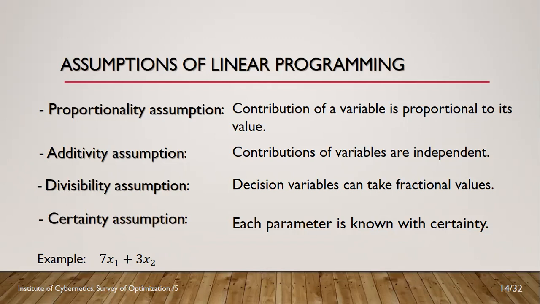The third assumption refers to the divisibility assumption, and it states that decision variables can take fractional values. This essentially says that we cannot require variables to be integer. So fractional values satisfying all the constraints will be considered feasible solutions to our linear program. Some of the examples we have considered before dealt with production of items whose quantities must be integer.